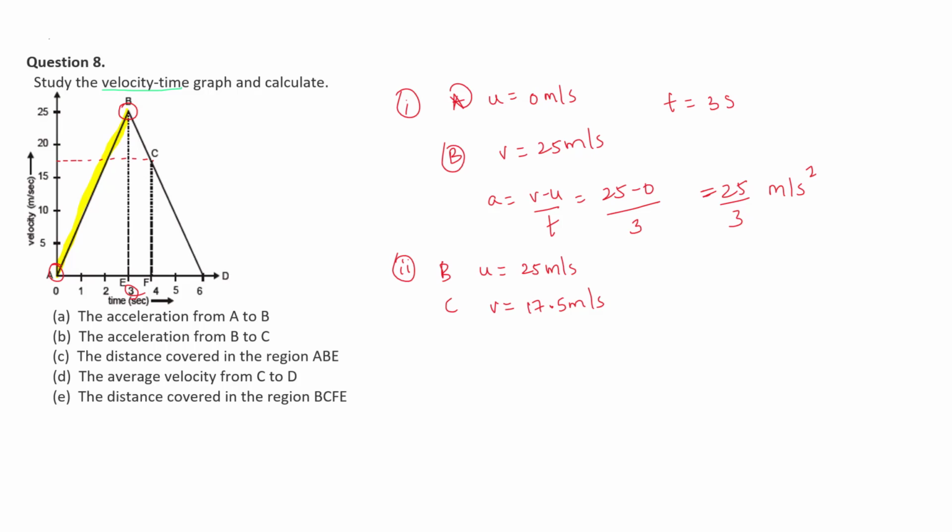The time period to move from B to C is from 3 to 4, so it is 1 second. Then acceleration will be 17.5 minus 25 by 1, that is equal to minus 7.5 meter per second square.